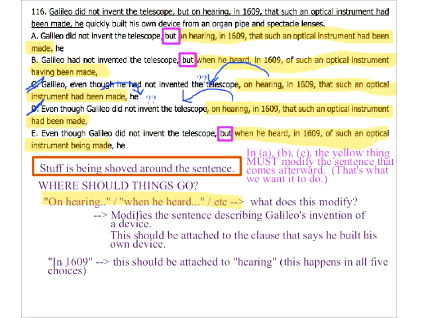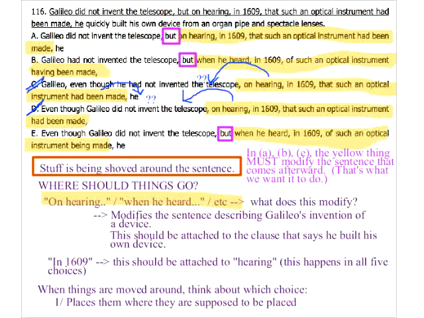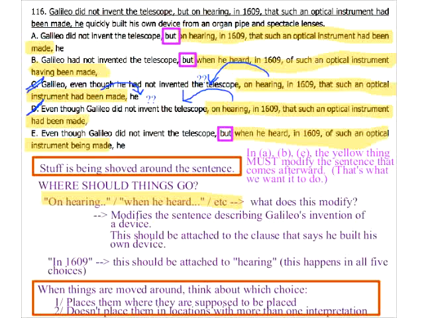When things are moved around, think about which choice first places them where they are supposed to be placed, but also on top of that, doesn't place them in locations with more than one interpretation. So that's the point. You want to make it so that it actually modifies the right thing, and so that it's clear that it actually modifies that. So there you go.